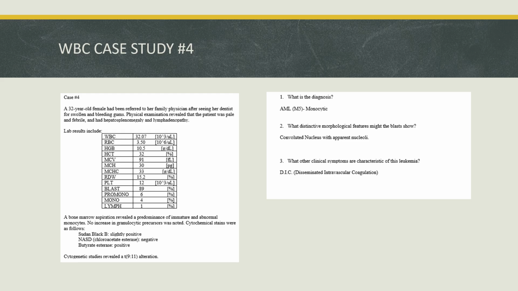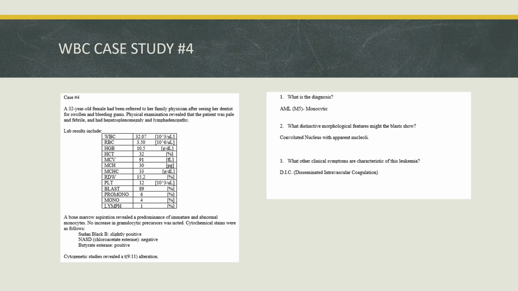So next question, are any of these labs abnormal? Yes, her white blood cell count is elevated. She's a little bit anemic because of that lower hemoglobin, but her platelets are really unhappy.